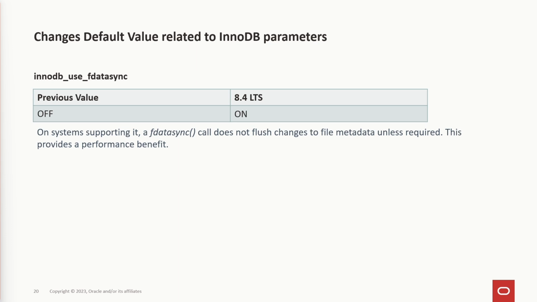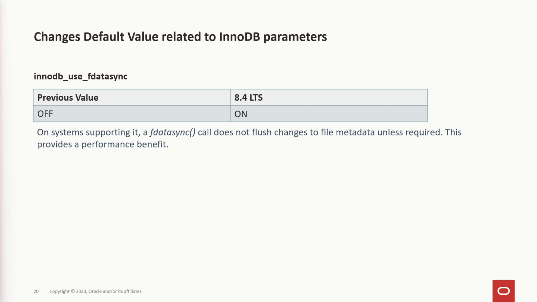So use fdatasync. I'm not a Linux expert, so some of you may understand better than me about fsync and fdatasync. But some systems didn't support fdatasync before, but now many systems support fdatasync. So the previous 8.4 default value is on.